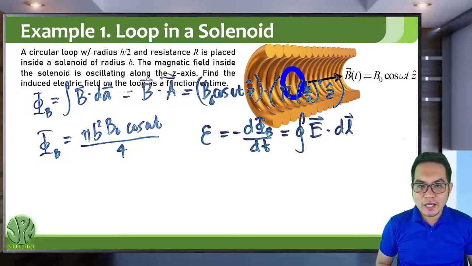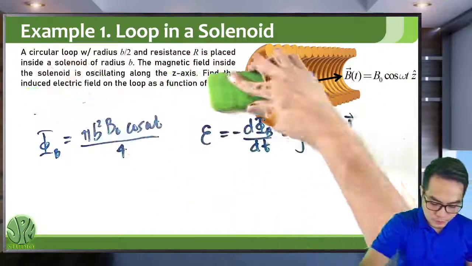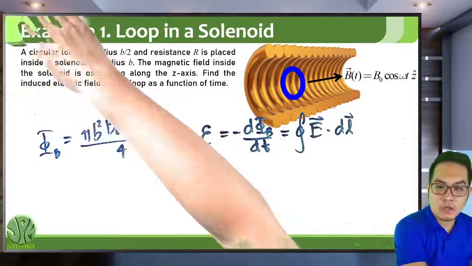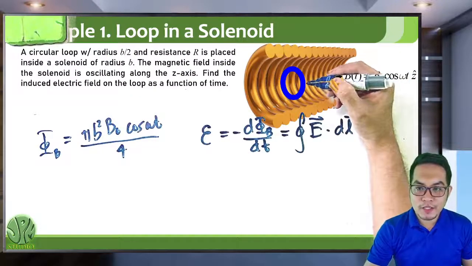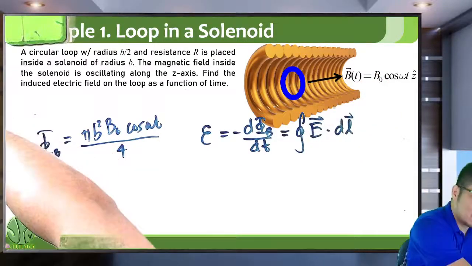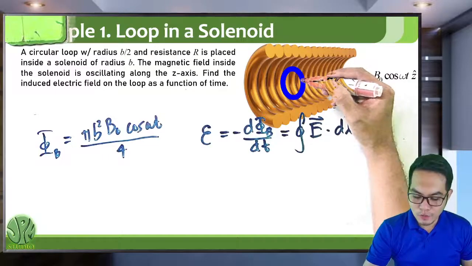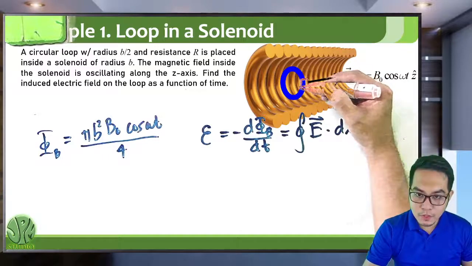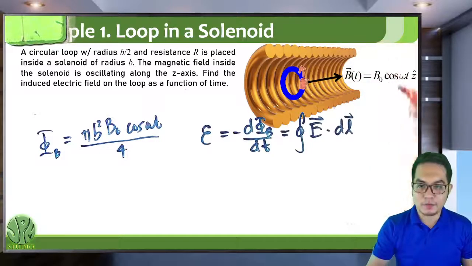So our dl, if we go back to our loop, is in the phi direction. If we take a dl with differential length, take note, the differential length is along our loop. Say this is our differential length, in that direction.